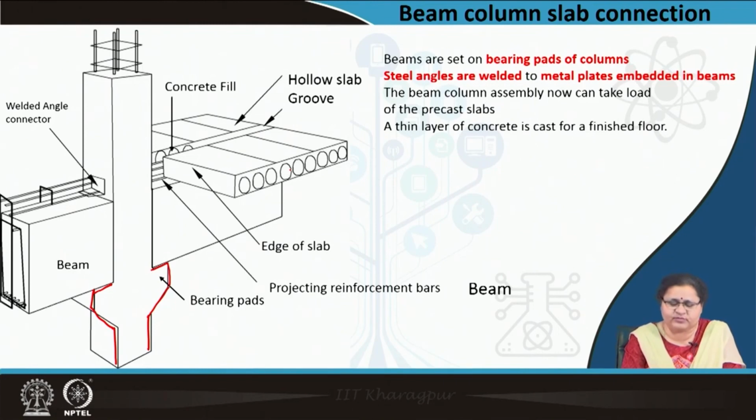So this has to be kept in mind. So these bearing pads, steel angles, metal plates, all are to be there to take the load of the precast slab, and finally once everything is done, you are laying the concrete fill on top to give it a very neat finish, so that one cannot identify even what is the system below it.